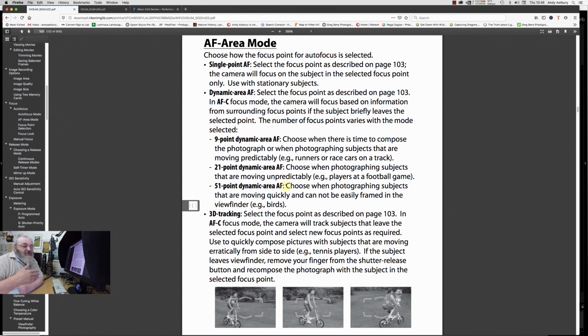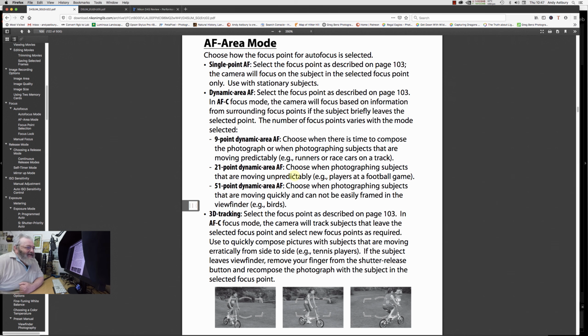And that extra 2.8 meters of travel of that whitetail sea eagle has got to be figured in to the predictive autofocus algorithm. Otherwise, your image, when you take it, the lens is going to be focused behind where the subject actually is. You can see that 21 point they recommend to use when your subject is moving unpredictably.